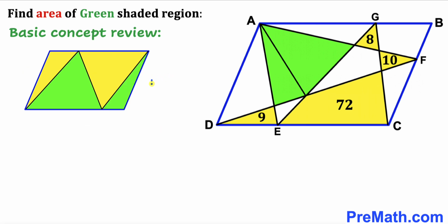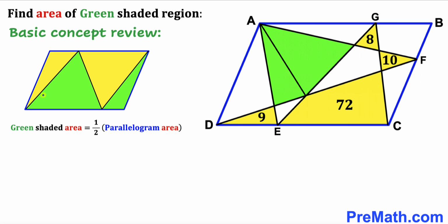And here's another example. And this time this parallelogram consists of 2 green shaded triangles and likewise 2 yellow shaded triangles as well. And once again, the height of all these triangles is the same. And the sum of these 2 green shaded triangles' bases is equal to the sum of these 2 bases for these yellow triangles.